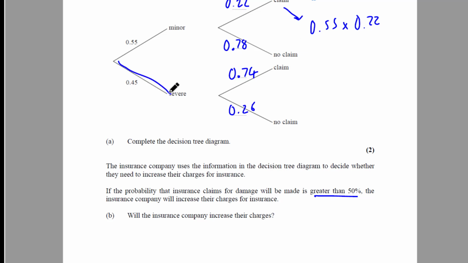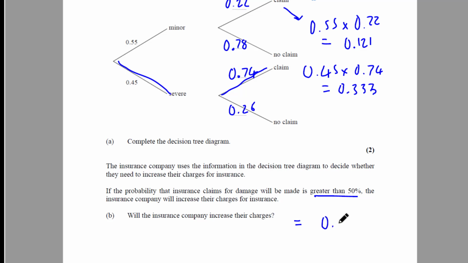and let's go severe to claim, that's 0.45 times 0.74. Use your calculator. 0.333. So you add those two together, which will equal 0.454.